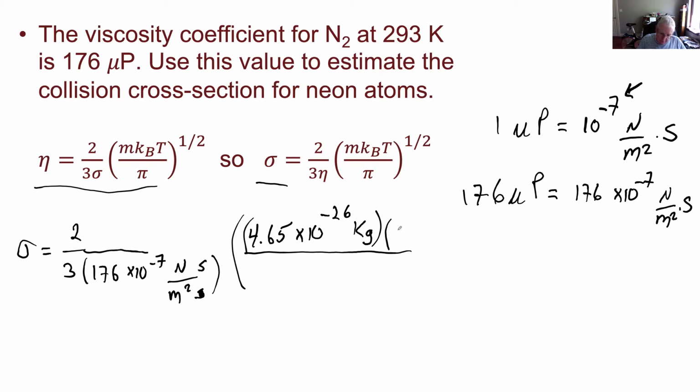I've got a k, which is 1.38 times 10 to the minus 23. That's joules per Kelvin. My temperature is 293 Kelvin.